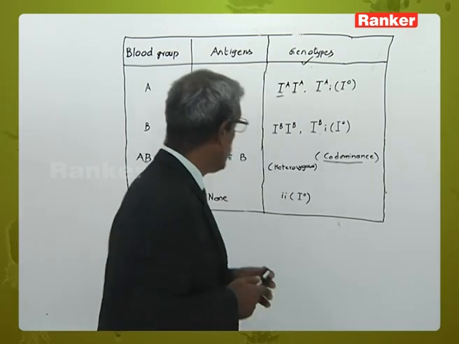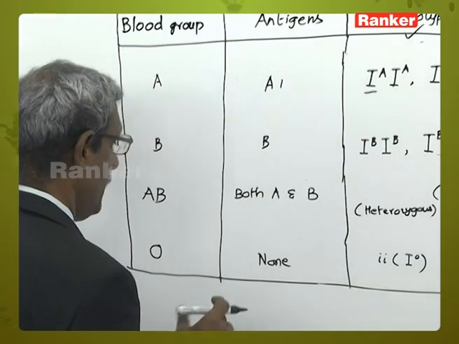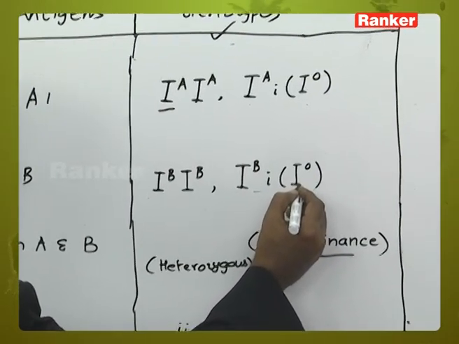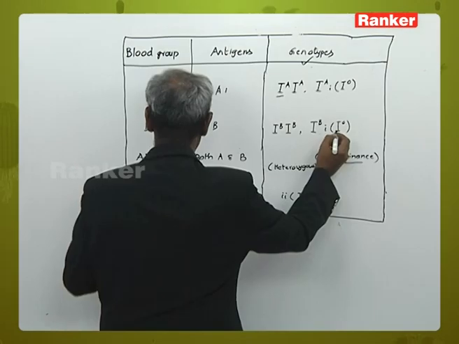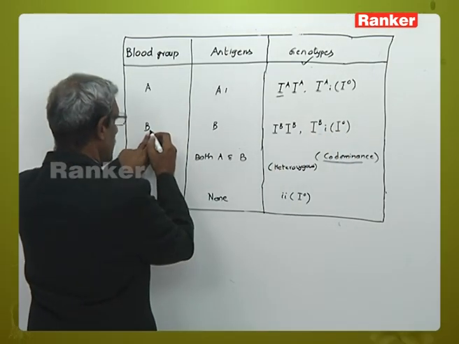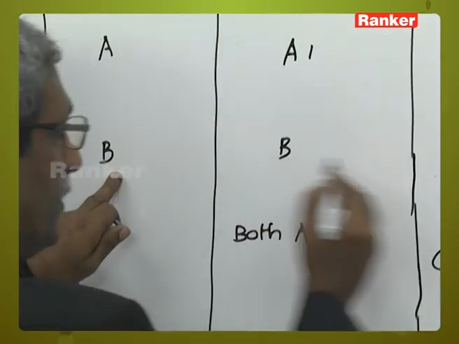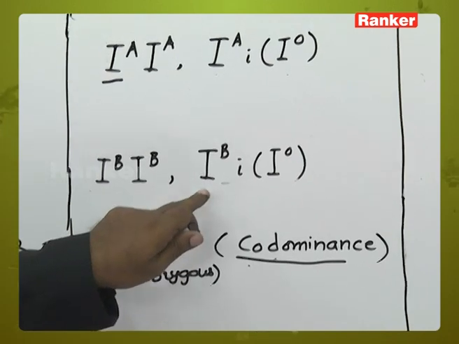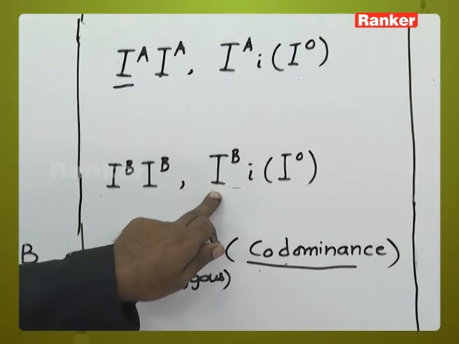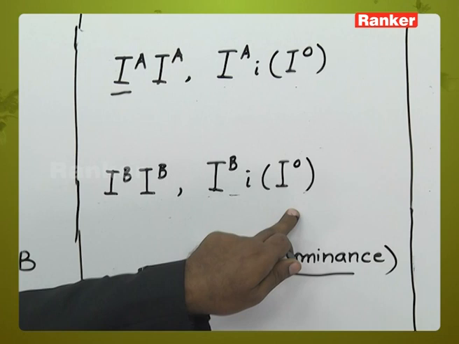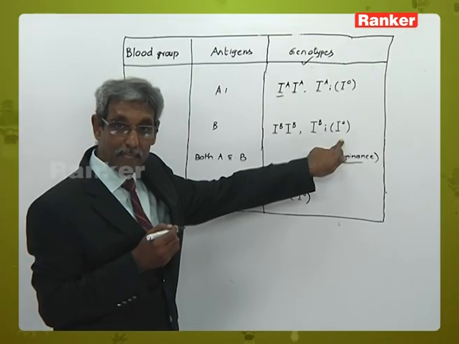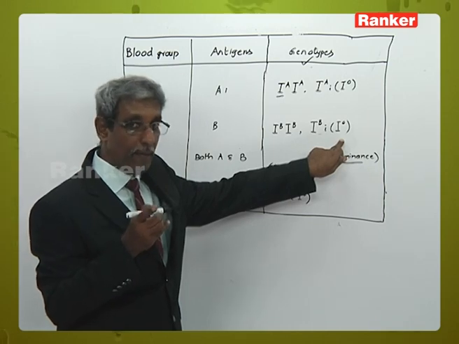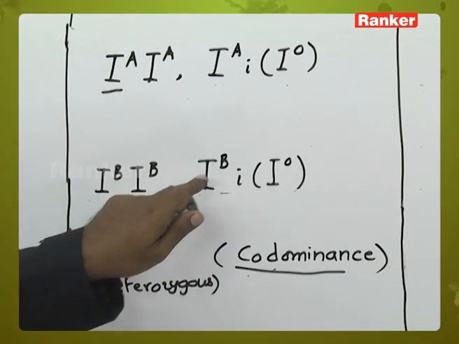Here we have i, which is from the child, so definitely, because the father has blood group B, the choice remains as IB. And if one of the genotypes is IB, then the next allele is also i. Thereby the correct answer for question number 12 is B, designated as IB and i.